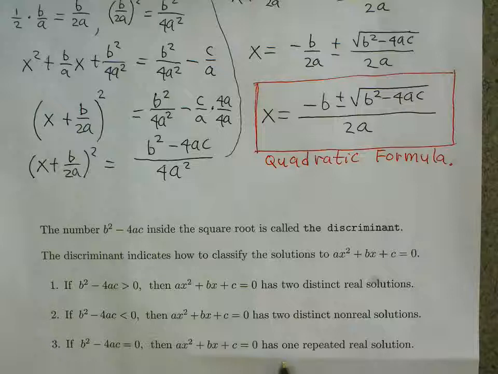If there's one repeated real solution, that means in the factorization of the trinomial, there are two identical binomial factors. So if you have two binomial factors that are exactly the same, and you multiply them, what do you get?